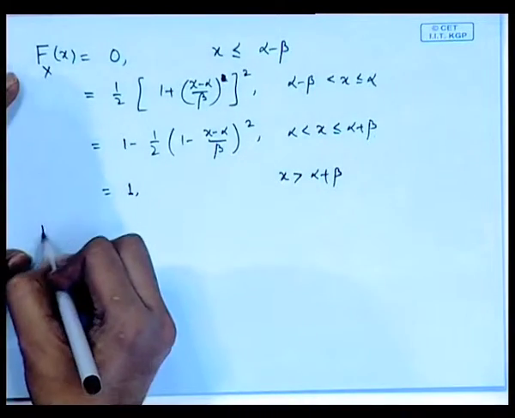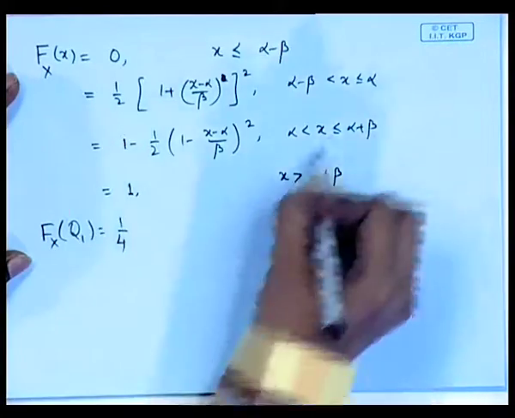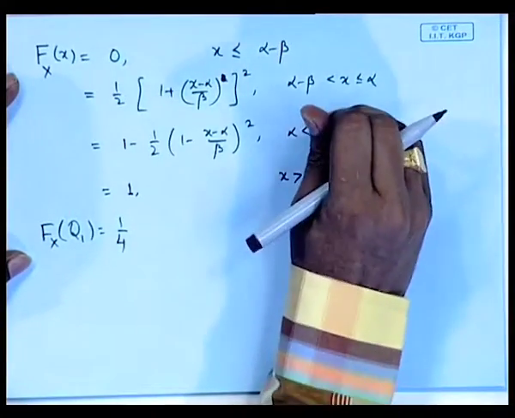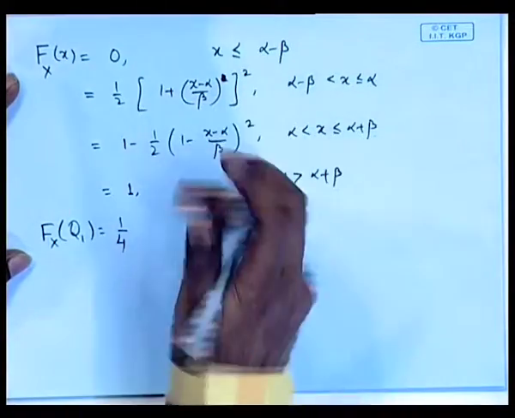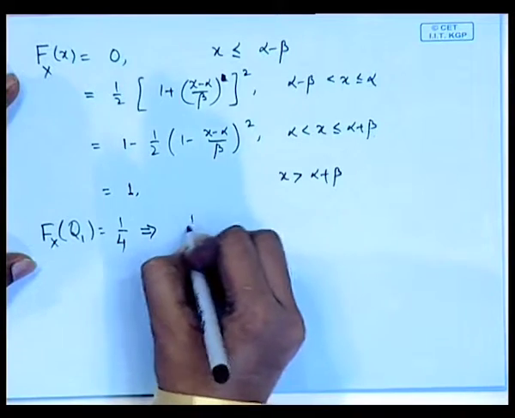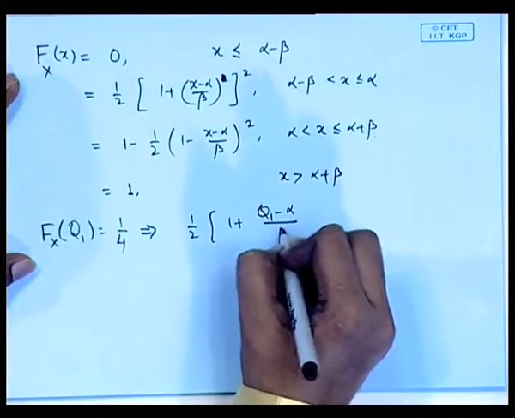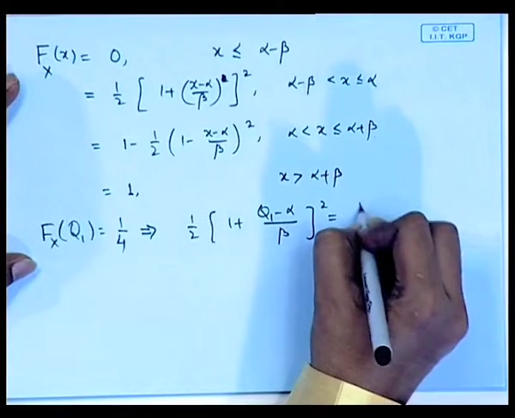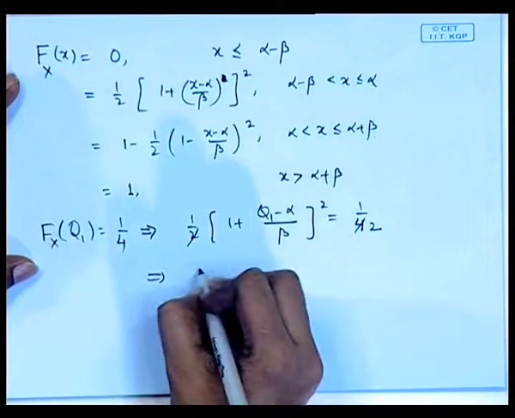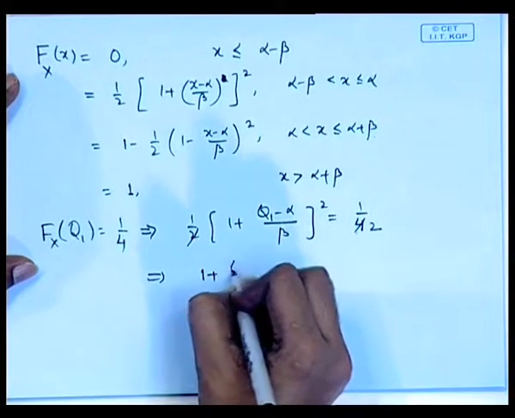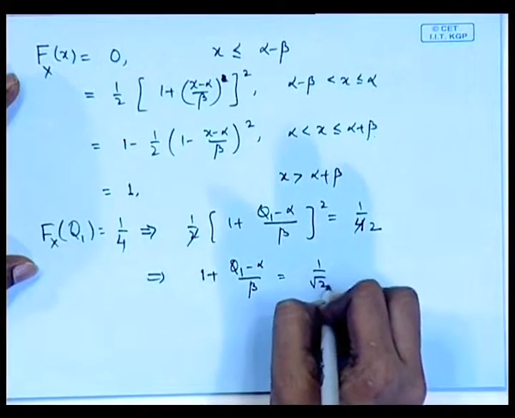If we look at the point where the value becomes 1 by 4, then we need to look at this one, because the probability at x equal to alpha is equal to half. So, 1 by 4 will naturally be in this interval alone. This means that half of (1 plus (q1 minus alpha) by beta) whole square is equal to 1 by 4. We can do the simplification here: 1 plus (q1 minus alpha) by beta is equal to 1 by root 2.